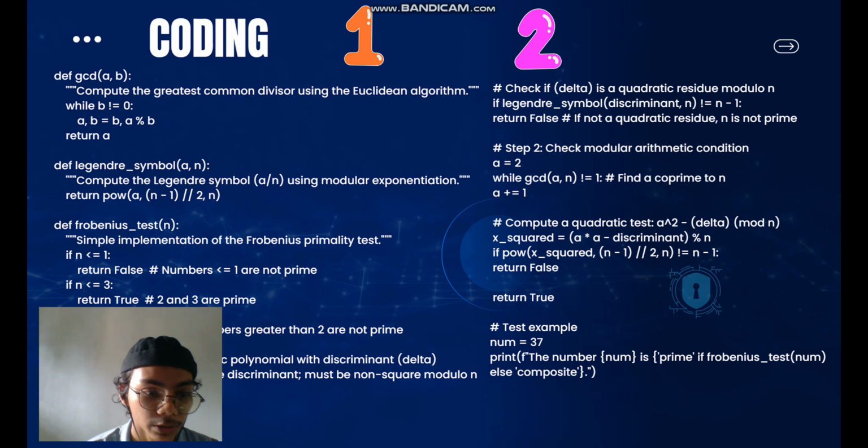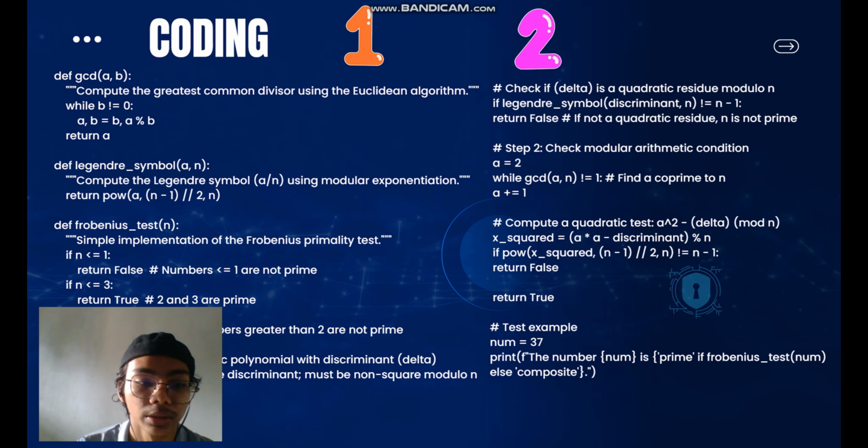On the left side, supportive functions: gcd(a, b) calculates the greatest common divisor, helping find co-prime numbers, and legendre symbol (a, n) determines if a number is a quadratic residue modulo n before validating the discriminant in the Frobenius test. The Frobenius test function starts with basic checks, ruling out numbers less than or equal to 1, small primes, and even numbers greater than 2.